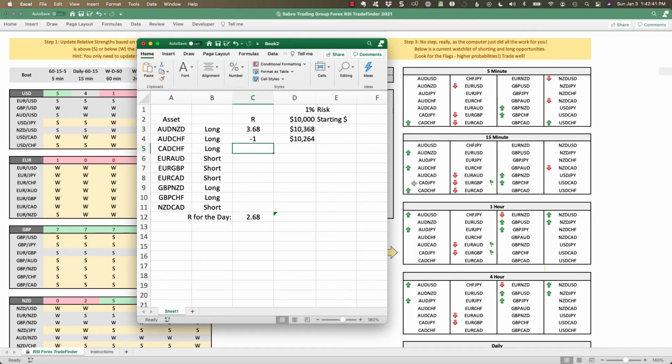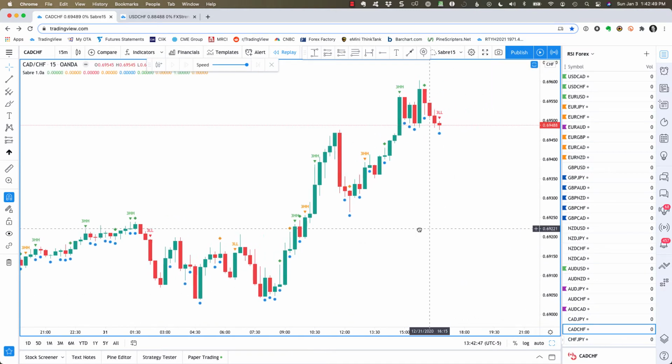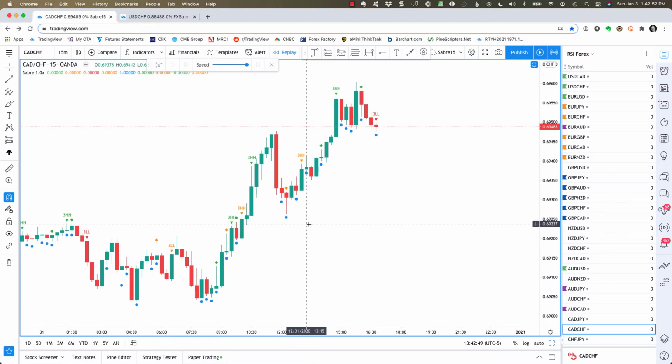On the 15-minute chart, the third opportunity was the CAD Swiss, C-A-D, C-H-F. Let's go ahead and get ourselves into 9 a.m. Just eyeballing this, the CAD Swiss never had an opportunity.